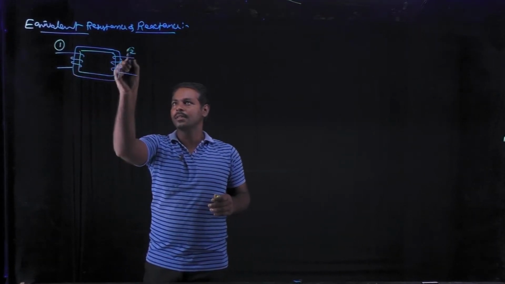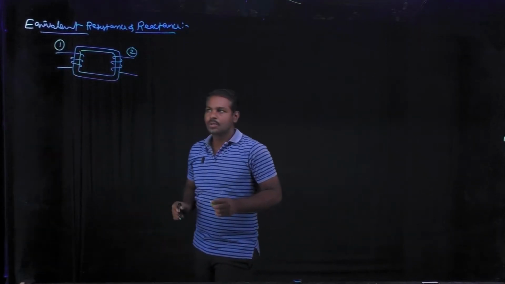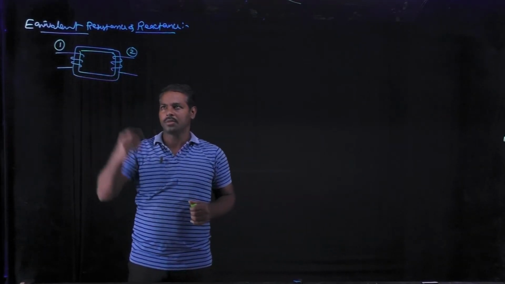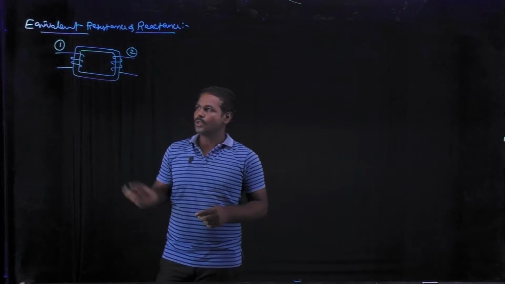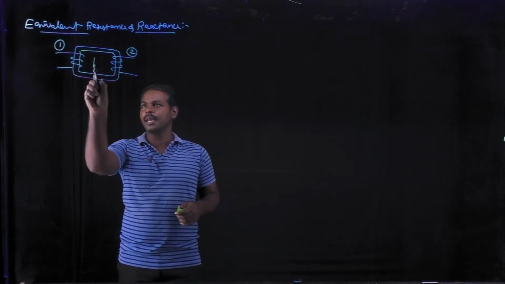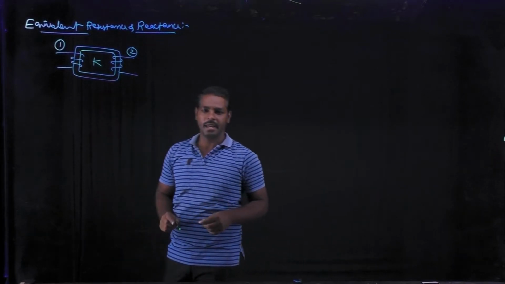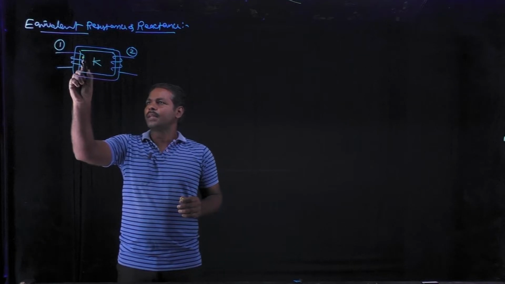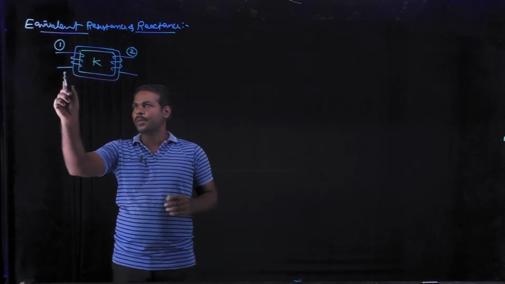This one is circuit number 2. In between these two circuits is the magnetic core. The linking between any two parameters is represented by K. That's why the parameters are to be referred to either the primary or the secondary.